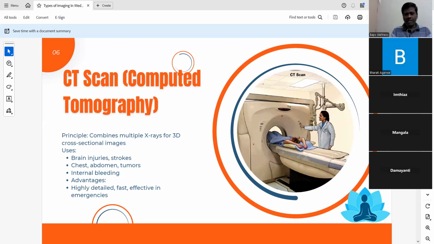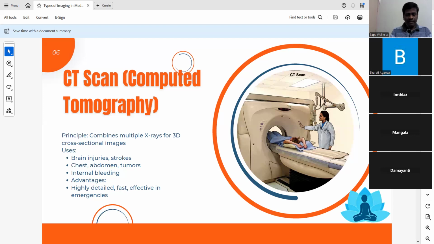The advantage here is we can get to see a detailed 3D visualization. It's a fast scanning one, so it can be performed in emergency conditions immediately after the trauma or the emergencies. It's highly preferred for the fastness.